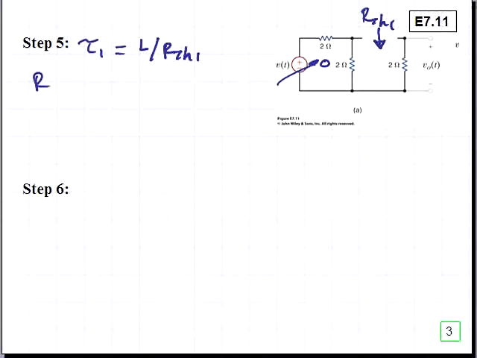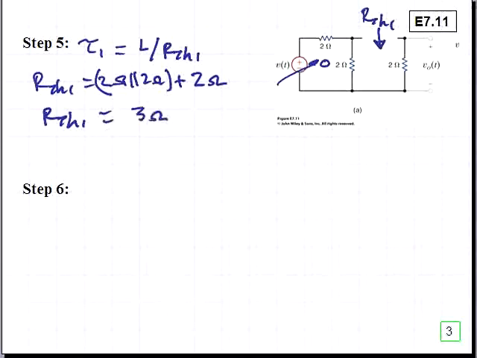So RTH1 is equal to 2 ohms in parallel with 2 ohms plus 2 ohms in series with that parallel combination, or RTH1 is equal to 3 ohms, and time constant 1 is going to be 2 henries divided by that 3 ohms, and that is equal to 2/3 second.